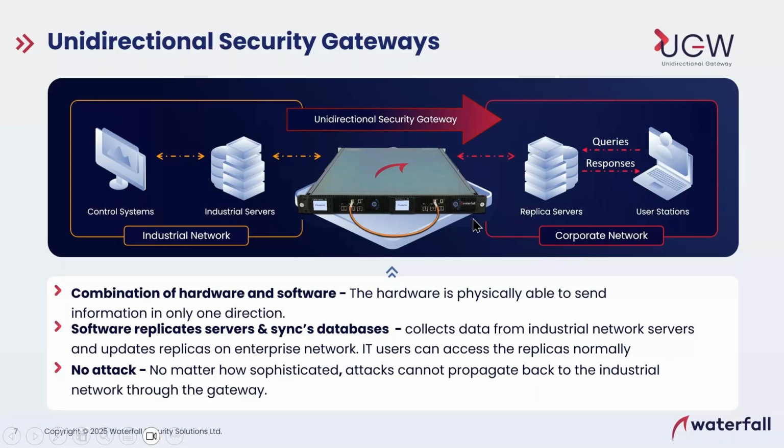It can be an OPC server, a Pi server, an Oracle server, any server you need. So now we've synchronized the two servers. If the enterprise historian wants data from the industrial OPC server, it can ask the enterprise OPC server for the data and get the same answer as the live system would have given, without ever sending any message back through the hardware.